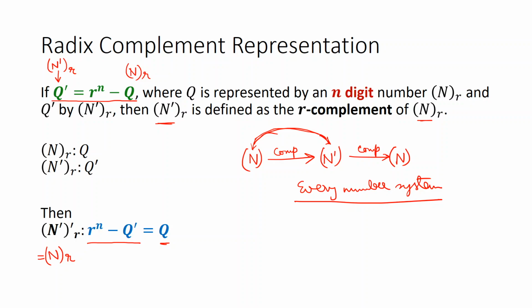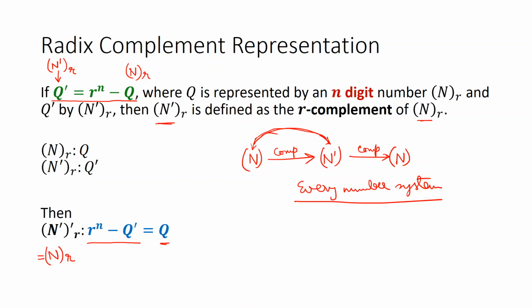This is a definition, and this comes from an observation basically. And in any number system, using this definition, you will be able to find out pairs of complement numbers.